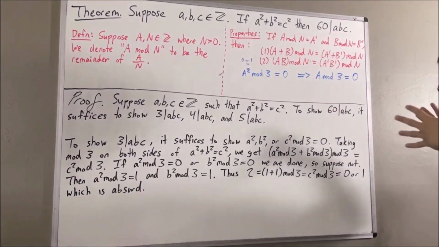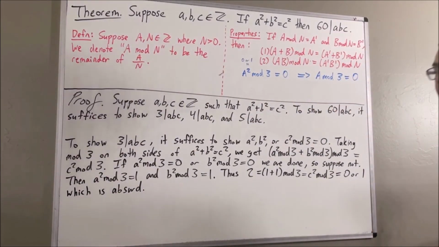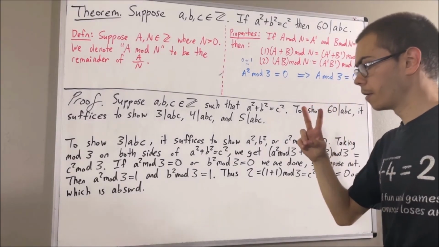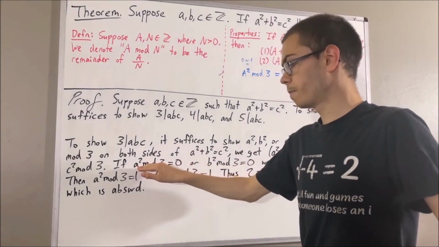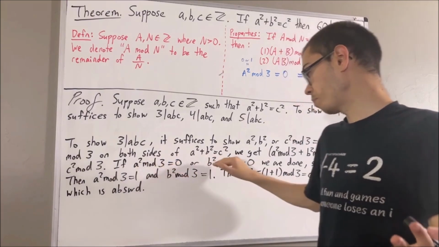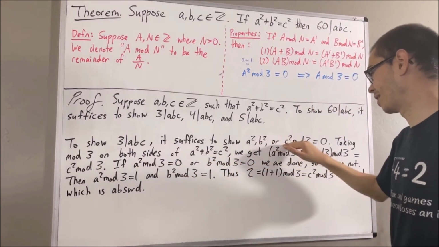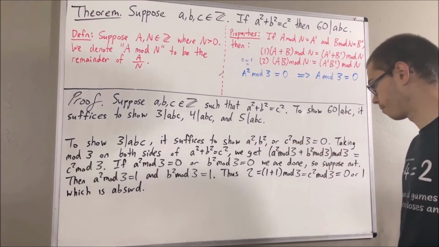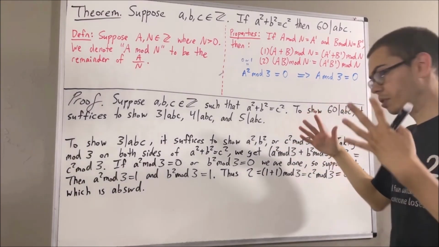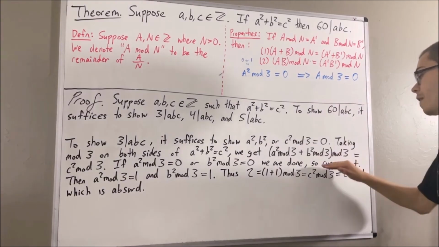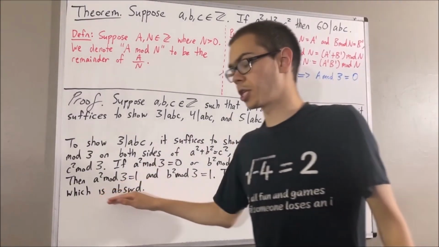So overall, what have we shown here? We considered two cases. One case was, if a squared mod 3 equals 0 or b squared mod 3 equals 0, we're done, because at least one of these 3 is equal to 0. The other possibility was that that's not the case, and then we get a contradiction.